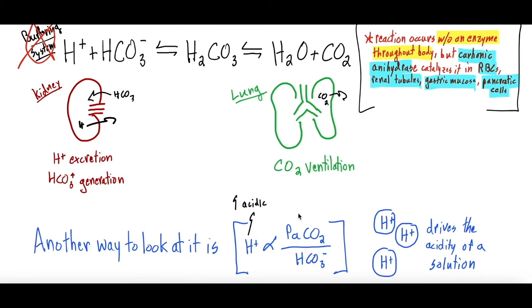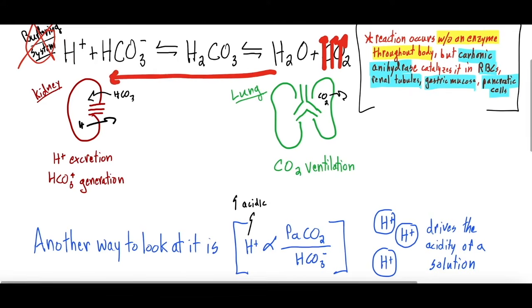So if there's more carbon dioxide, there's going to be more hydrogen ions, and thus you're going to have a more acidic solution. If there's more bicarbonate, so if the denominator of this equation is higher, you're going to have less hydrogen ions, which means the solution is going to be less acidic or more basic. And that comes from this equation, right? If you take the CO2 and increase it, this equation will shift this way and produce more hydrogen ions.